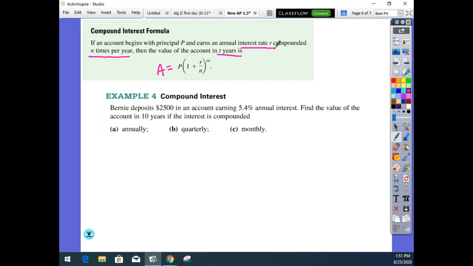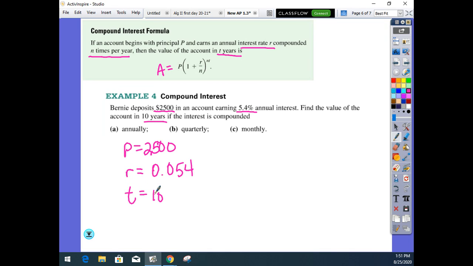All right, so our last example wants to calculate, say that you deposit $2,500, so that's our P. The rate, we always turn percents into a decimal, 0.054. T is 10 years.